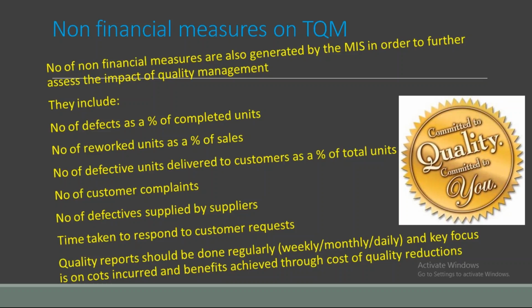It can come up weekly, it can come up monthly, and at lower levels, you may need it even daily. And you can see the key focus is on cost incurred and benefits achieved through cost of quality reduction. So you might want to see last month we have spent 200,000 on quality related costs, but how has it improved our customer complaints?